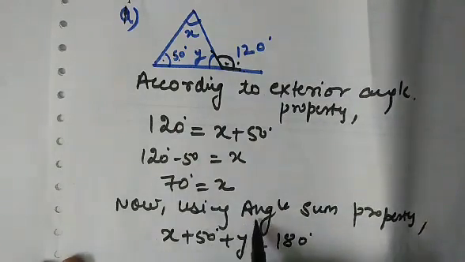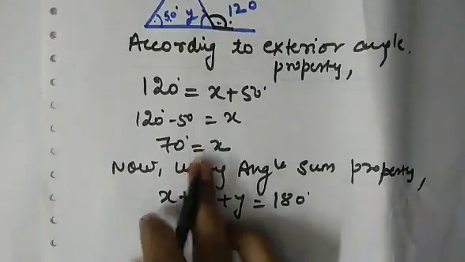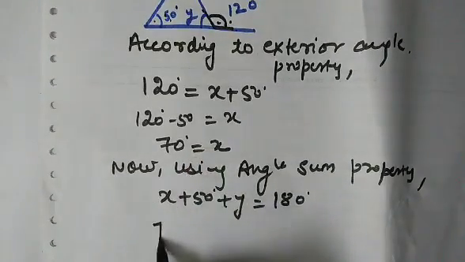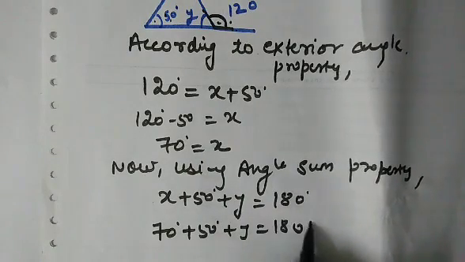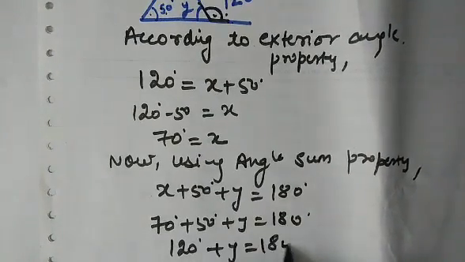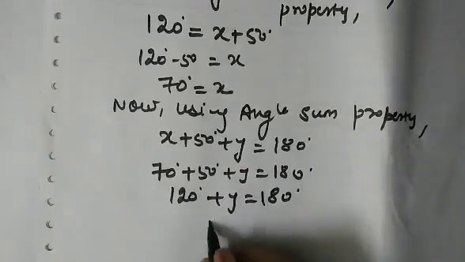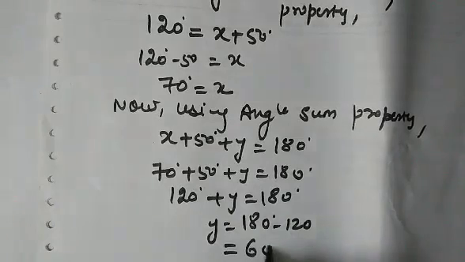Reason I have already mentioned. Now x we have calculated as 70, so I put the value of x: 70 plus 50 plus y equal to 180. So 70 plus 50 equals 120. How will you calculate y? y equals 180 minus 120, so this is 60 degrees.